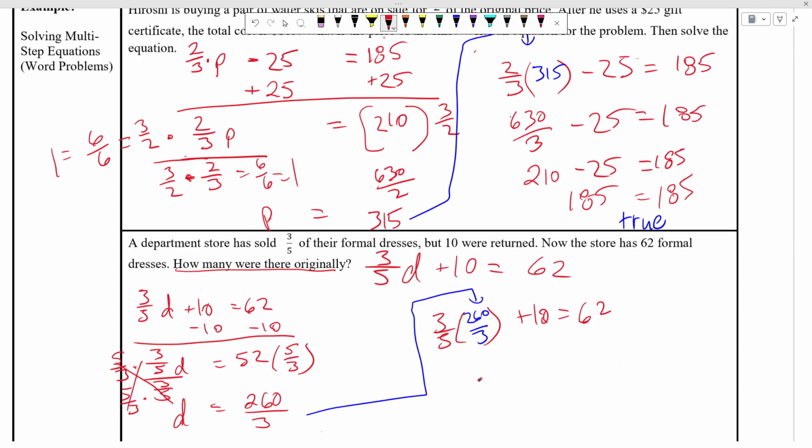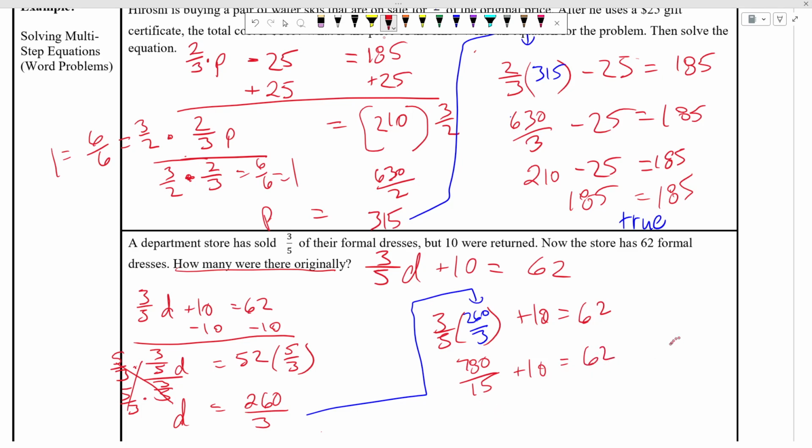So 3 times 260 happens to be 780. So 780 over 15 plus 10 equals 62.